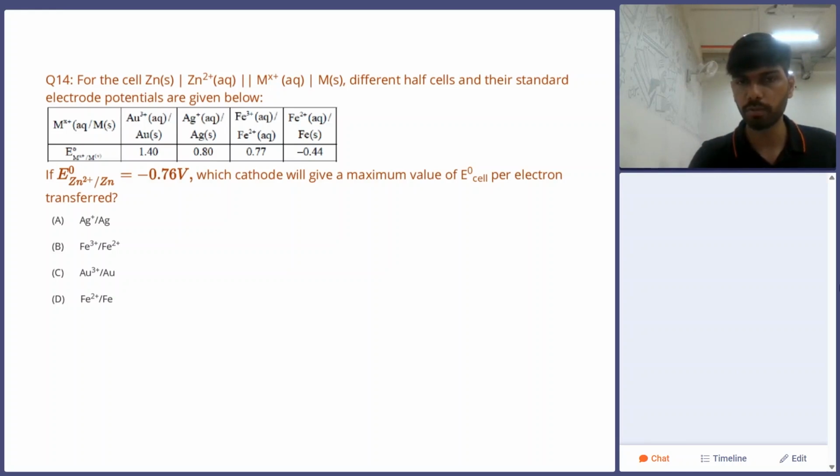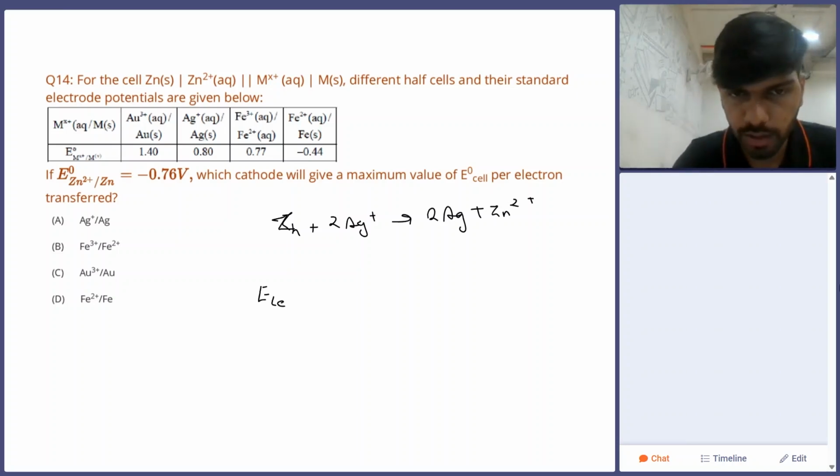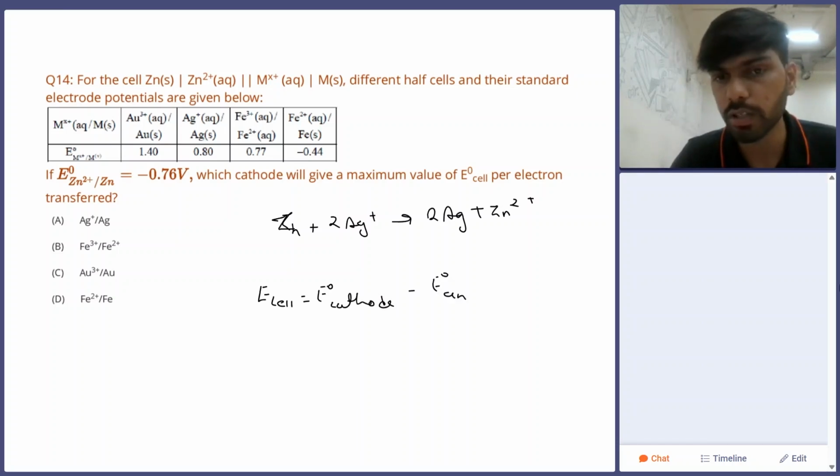Basically, Zn plus 2Ag+ reacts to give 2Ag plus Zn2+. Now E naught of cell is E naught of cathode minus E naught of anode, with reduction on the cathode and oxidation on the anode, right students?